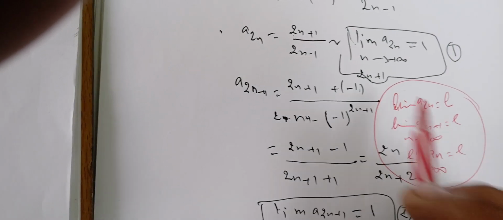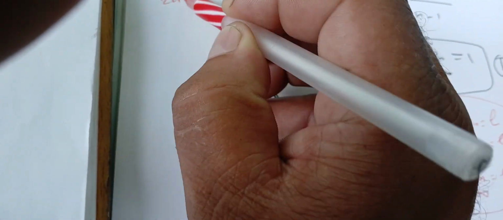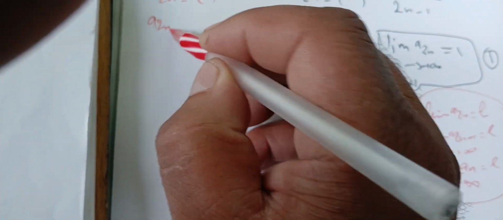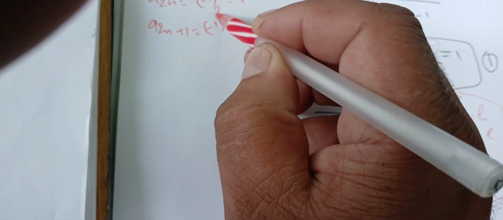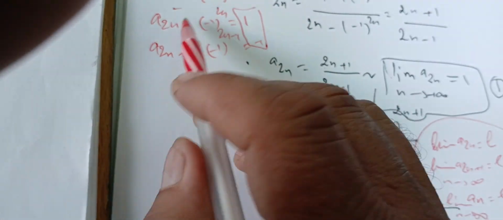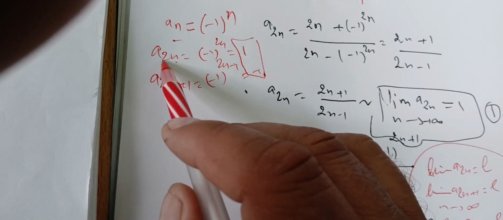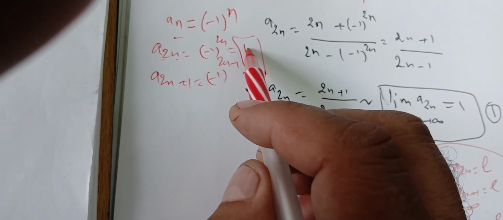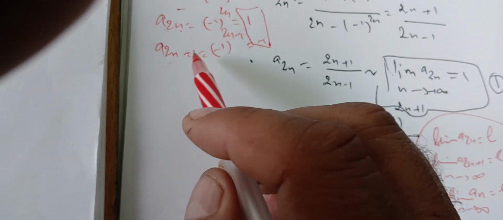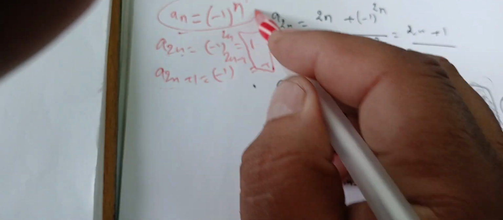Here a_{2n} is (-1)^{2n}, which is 1, and a_{2n+1} is (-1)^{2n+1}, which is -1. So we have two different limits: the even terms converge to 1, and the odd terms to -1. Therefore this is not convergent.